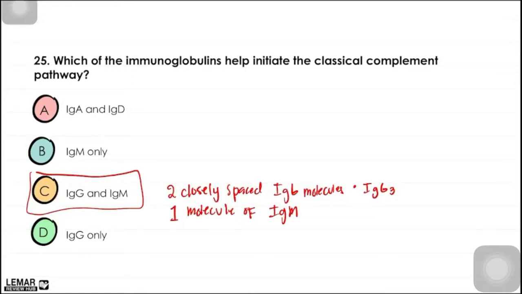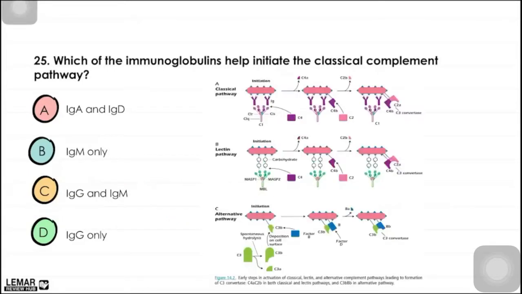So what are the other activators or initiators of the other pathways? We have here the classical pathway. As seen here, this is an immunoglobulin G, dalawang magkatabing IgG. If IgM naman, at least one molecule of IgM can initiate the classical pathway.